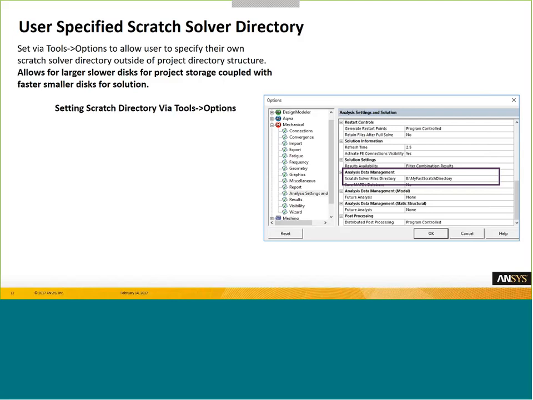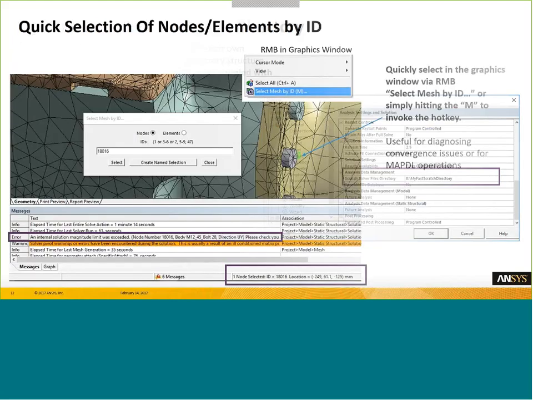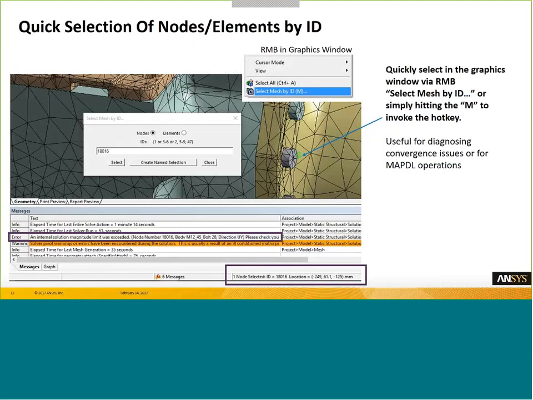I touched already on being able to pick up node IDs and edge IDs, so picking interactively on the screen with the mesh selection. You can pick on a node. You can now also select mesh by ID. So if you do right mouse click and select mesh by ID, hotkey M, you can type in the node or element ID and it will highlight on the model where that is.